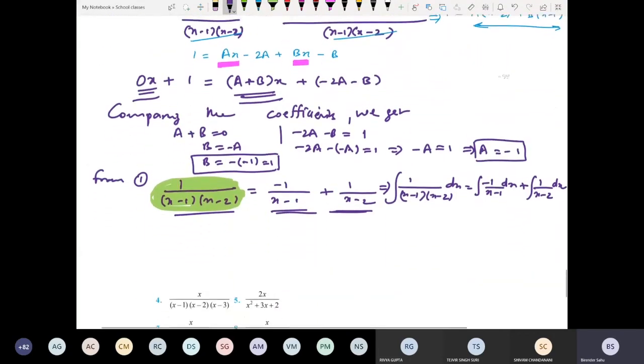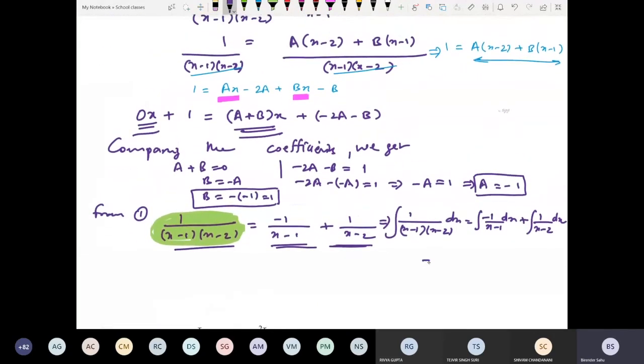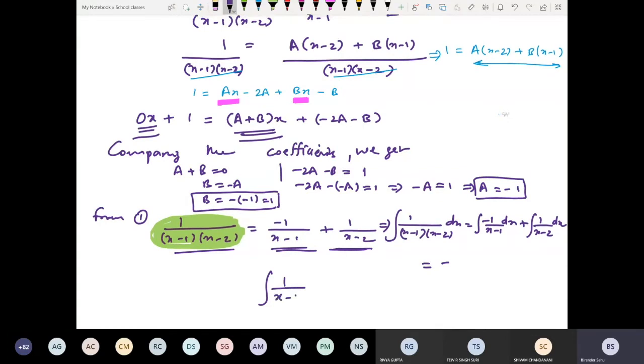So now what can be done here? Minus 1 will come outside, and what is the integration of 1 over x minus 1? Satvik, what is the integration of 1 over x minus 1?